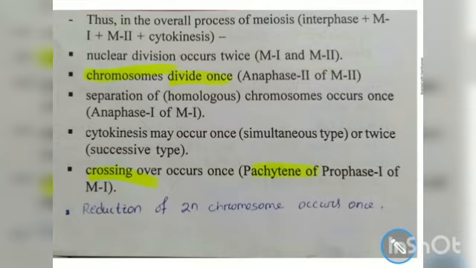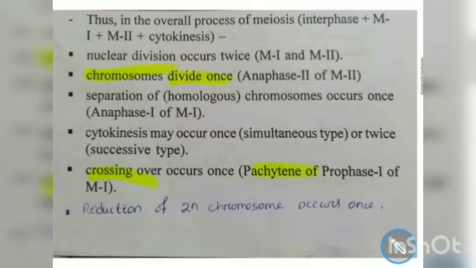When? During meiosis II, at which stage? At the anaphase 2 stage. Then separation of homologous chromosomes occurs only once. When? At the anaphase 1 of meiosis I.